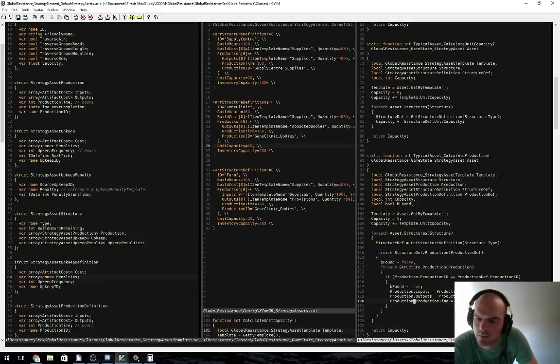Right, what's next? So if bFound, after you've iterated, if not bFound, then it means that the required asset was not found in structure. So in which case we go structure dot production dot add item.